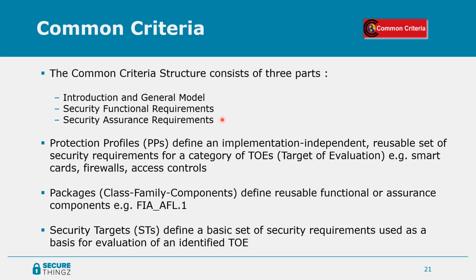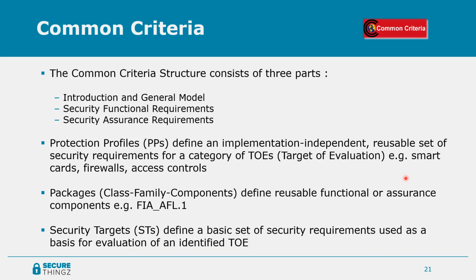Protection profiles define an implementation independent reusable set of security requirements for a category of targets of evaluation. That's smart cards, firewalls, etc. Packages define reusable functional and assurance components, and security targets define a basic set of security requirements used as a basis for evaluation of an identified target.